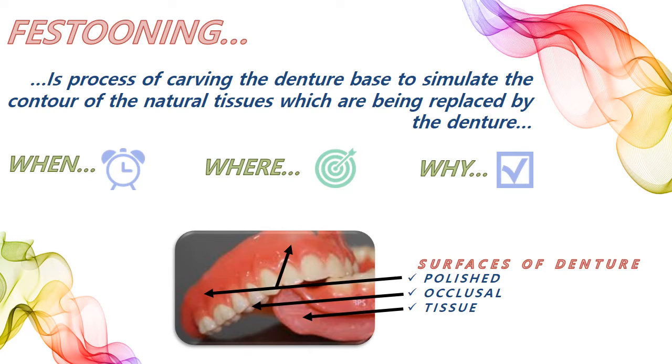The second one is the occlusal surface, that includes the incising units and occluding units. And the third one is the polished surface or the artistic surface. This polished surface is the location where we are supposed to perform the festooning procedure to mimic the natural structures.